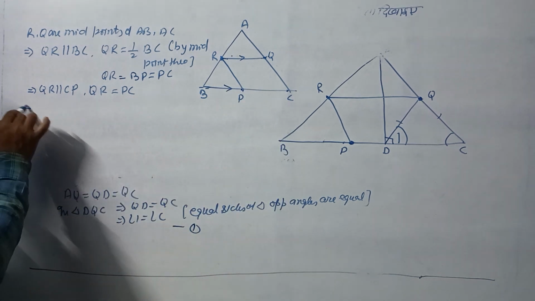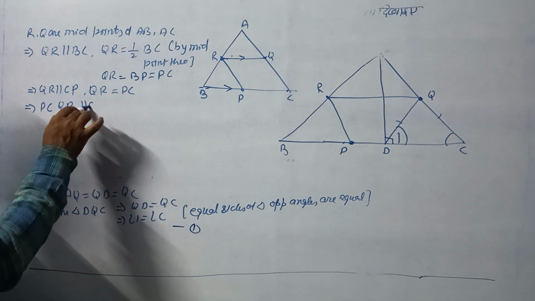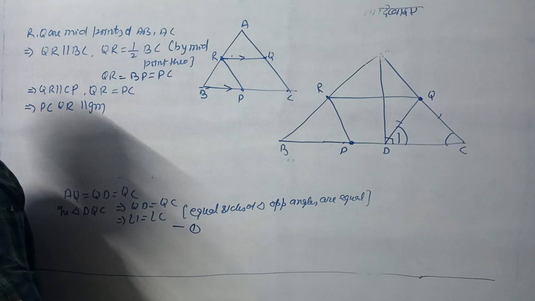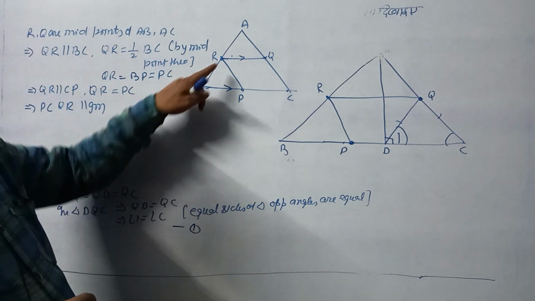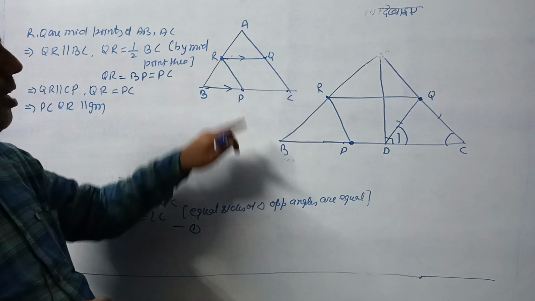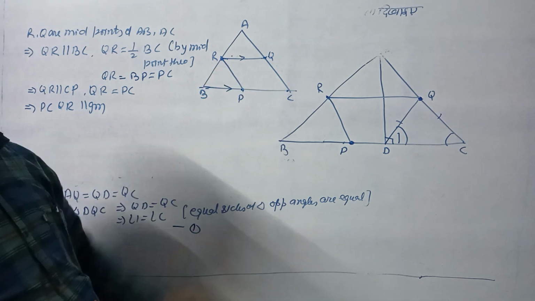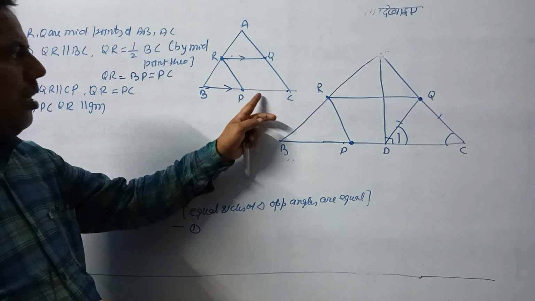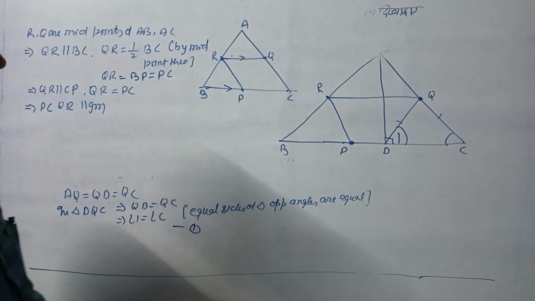We can say PCQR is a parallelogram. If a quadrilateral has one side parallel to the opposite side and equal, then it is a parallelogram. So this equal to this and this parallel to this implies that PCQR is a parallelogram.